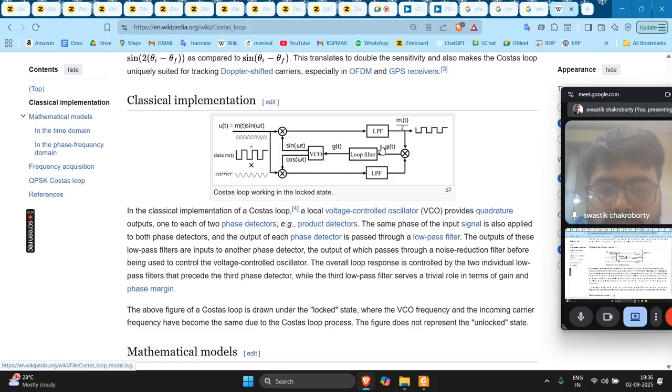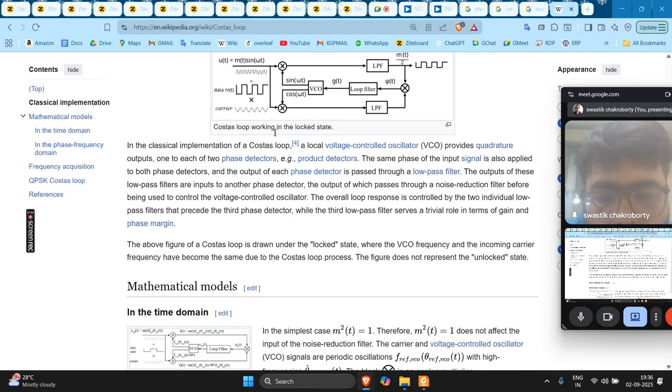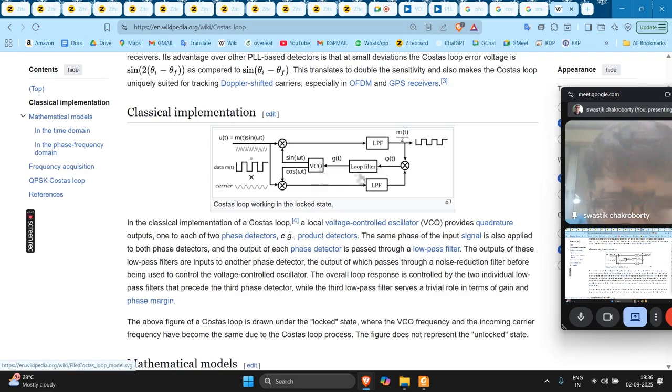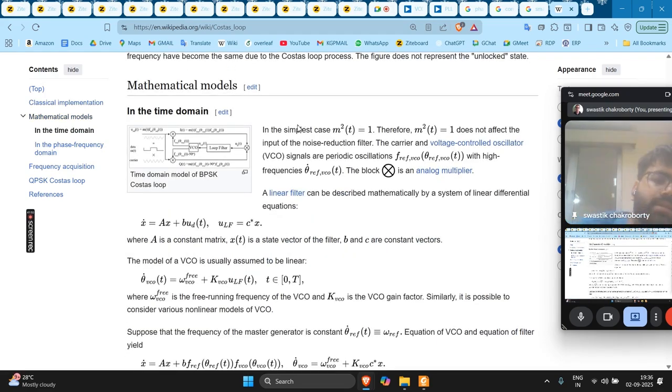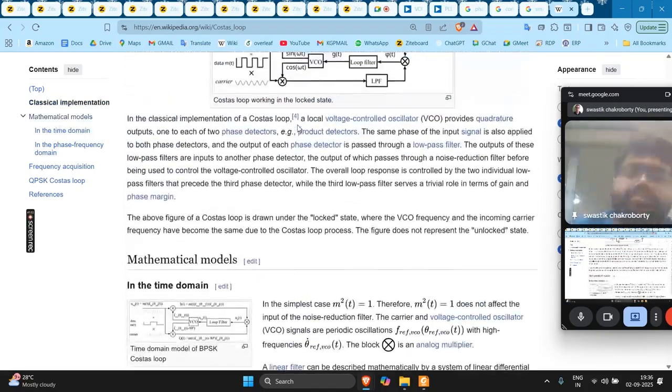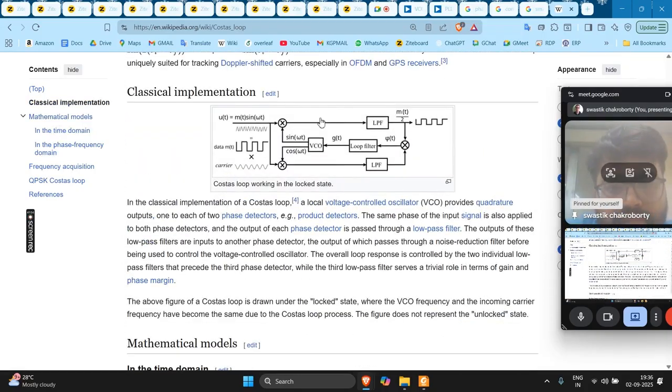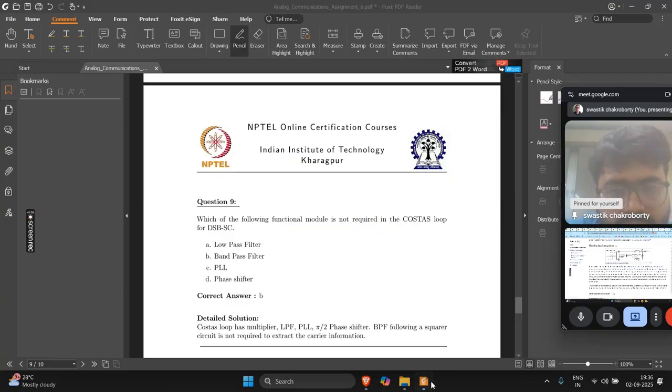So this error is what is generating the carrier frequency. Ultimately, we get the carrier frequency at the output of the VCO in the locked state. So when the VCO phase locks onto the modulated signal, we get the carrier signal as output. So it has multipliers, low pass filter, loop filter, and VCO. It has 4 components.